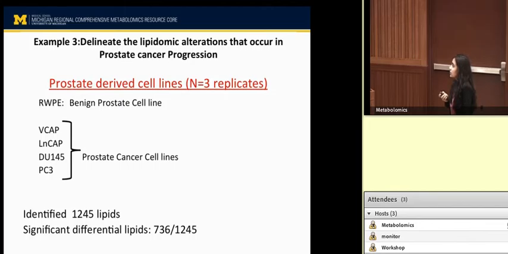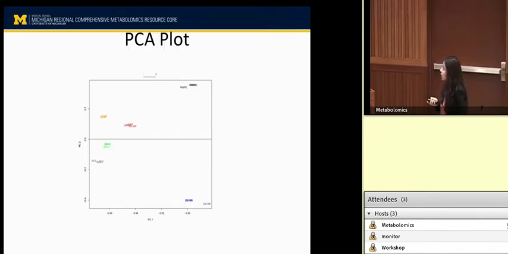Benign RWP is a benign prostate cell line, and then we used 4 different prostate cancer cell lines: VCAP, LNCaP, DU145, PC3. We identified more lipids in cell lines as compared to other biospecimens, and we got almost half of them significant.